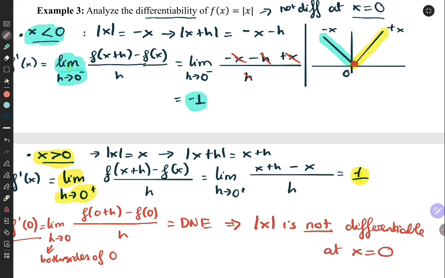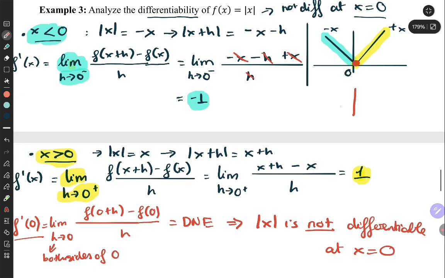X squared. Is it x squared? X squared, correct. The parabola. Very similar. But this one, at zero, it's differentiable, because it's smooth there. This one is not smooth there. So keep that in mind.